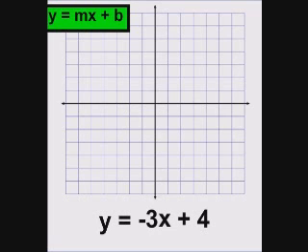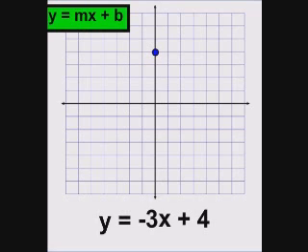So our equation is y equals negative 3x plus 4. So again, our y-intercept is the number being added or subtracted, so that's at plus 4, so we're going to start there. Now, this time when we look at our slope, it's just a single number, it's negative 3. It doesn't present itself in that fraction form that we need to do rise over run, so it's really simple.